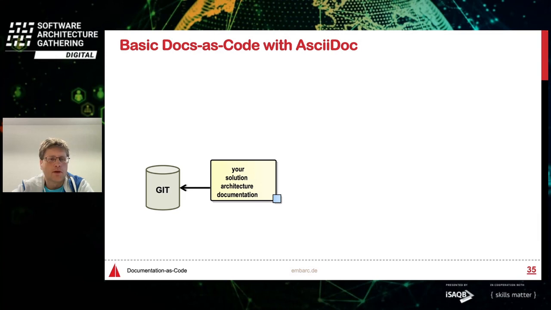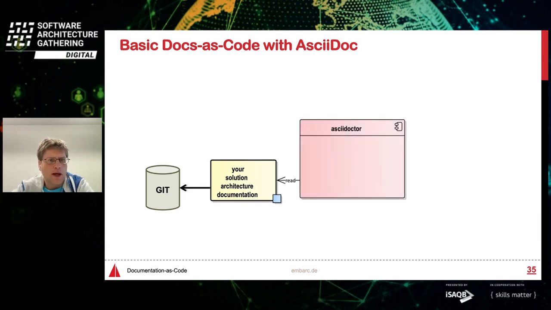We will look at it later. And there will be an interpreter. It's called Asciidoctor. So AsciiDoc is the language. Asciidoctor is the tool which translates AsciiDoc documents, for example, to HTML or maybe to PDF or whatever. But it would be the easiest way to use AsciiDoc for our documentation.